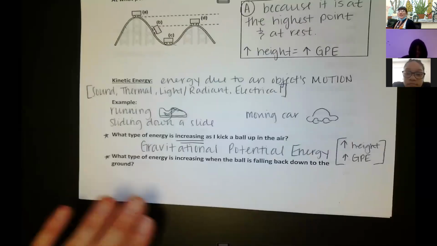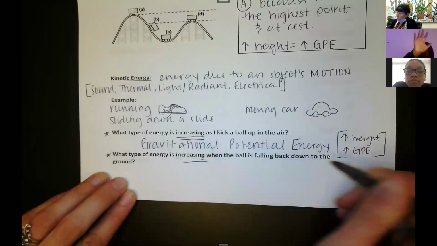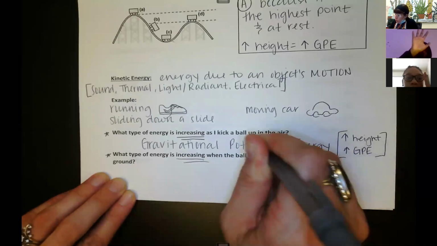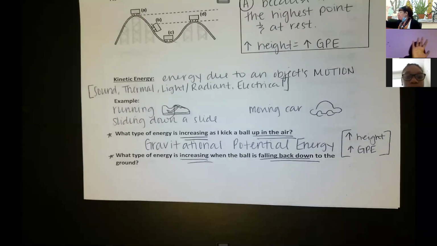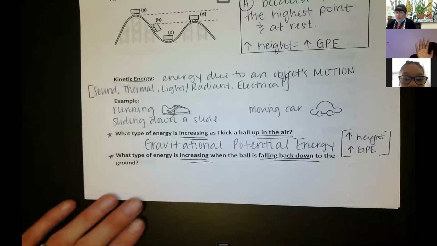What type of energy is increasing when the ball is falling back down? When it's going up in the air, it's increasing in height, so it's gaining gravitational potential. But when it's falling back down, what's it gaining? No, it's not gaining potential because it's falling. It's moving. Kinetic.